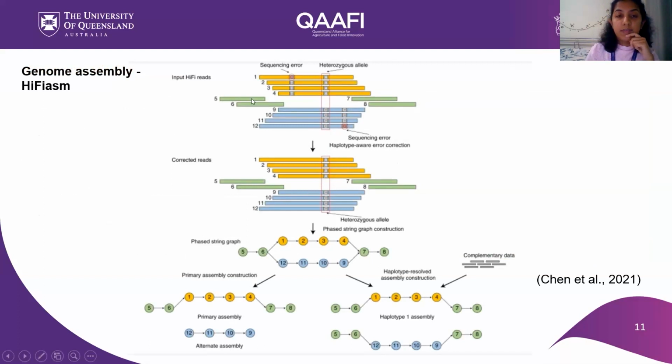So in this image, we can see that the blue and green color ones are the homozygous alleles, and the yellow and blue color ones are the heterozygous alleles. Then it generates a phased assembly graph with the local phasing information using those corrected reads. Here, the alleles coming from only one haplotype are connected in this phased assembly graph. So if we have the global phasing information provided by complementary data, such as Hi-C data, it also can generate haplotype-resolved assemblies.